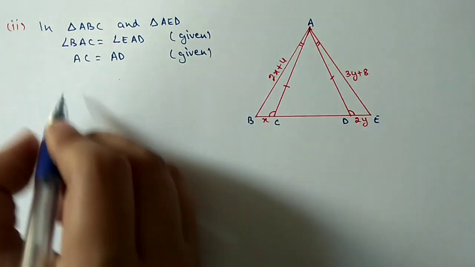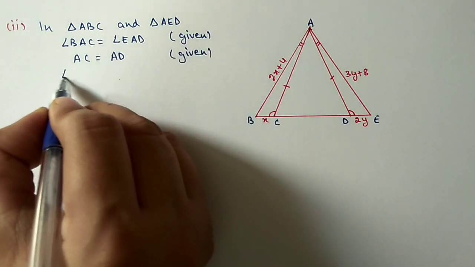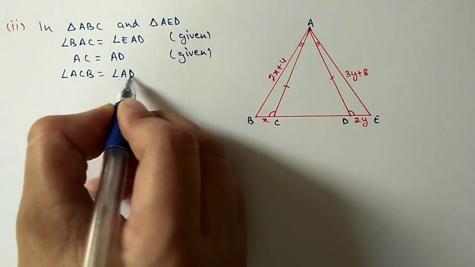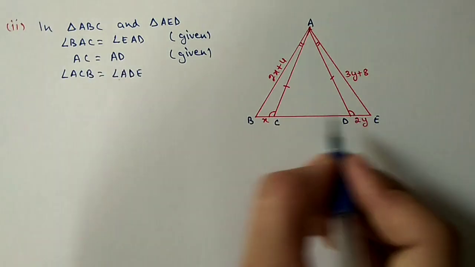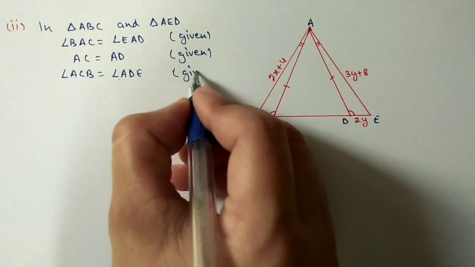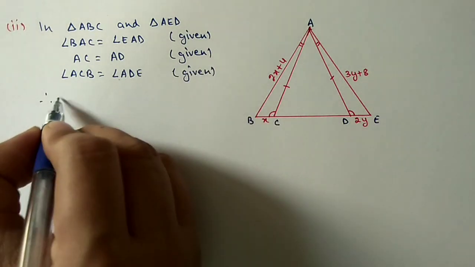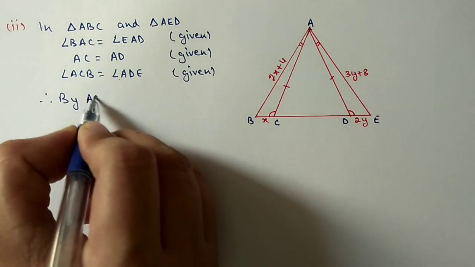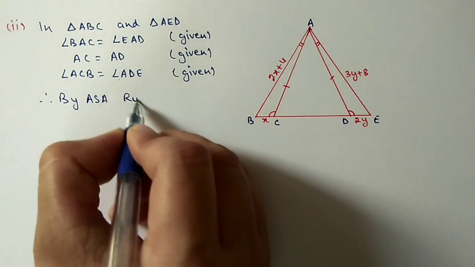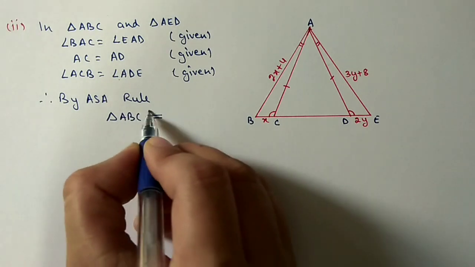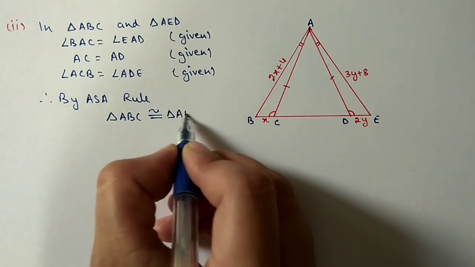Third, it is given angle ACB is equal to angle ADE. Here also same type of marking are there. So it means these two triangles are congruent to each other. Therefore, by angle side angle rule, triangle ABC is congruent to triangle AED.